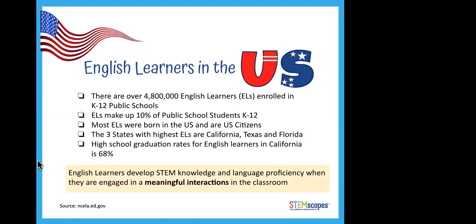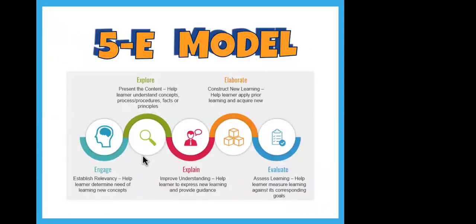English learners develop STEM knowledge and language proficiency when they are truly engaged in meaningful interactions. And like I said earlier, probably the program that I've used that provided all of those meaningful interactions to my students is the 5E model. So I'm going to briefly describe the 5E model because this is what I will be going through right now.